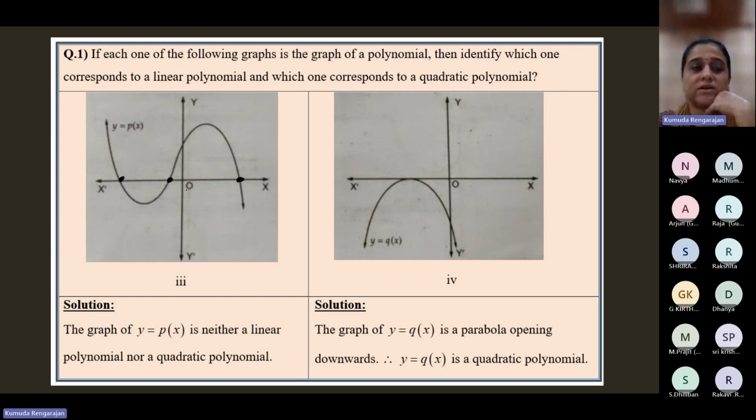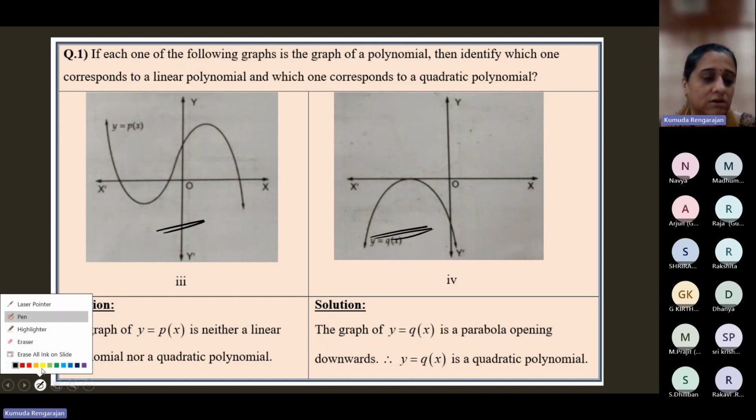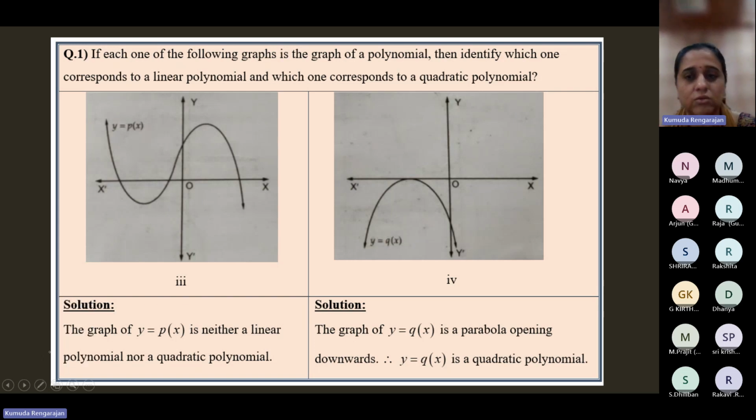We're not worried about that. This one is a parabola, so the second graph corresponds to a quadratic polynomial. This one corresponds to neither a linear polynomial nor a quadratic polynomial.